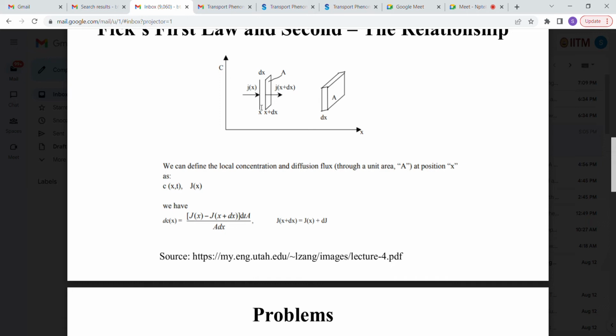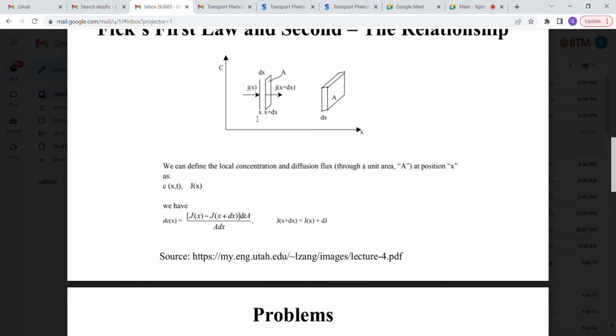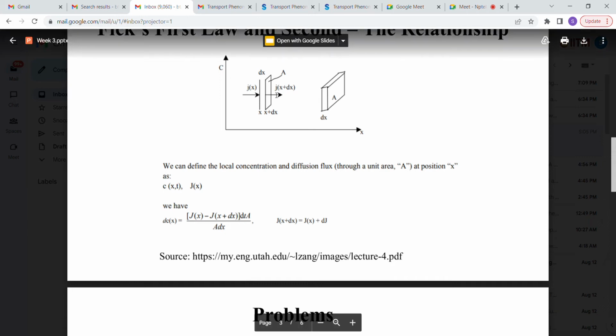That's what C of x, t means, right? So C of x, t means the concentration of the solute at a point x at a time t, and the change in the concentration when it goes from x to x plus dx is denoted by dC.